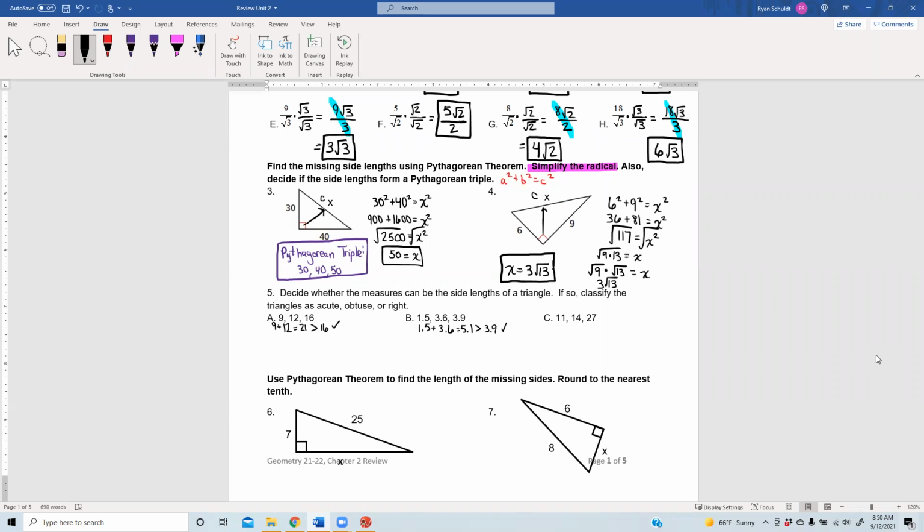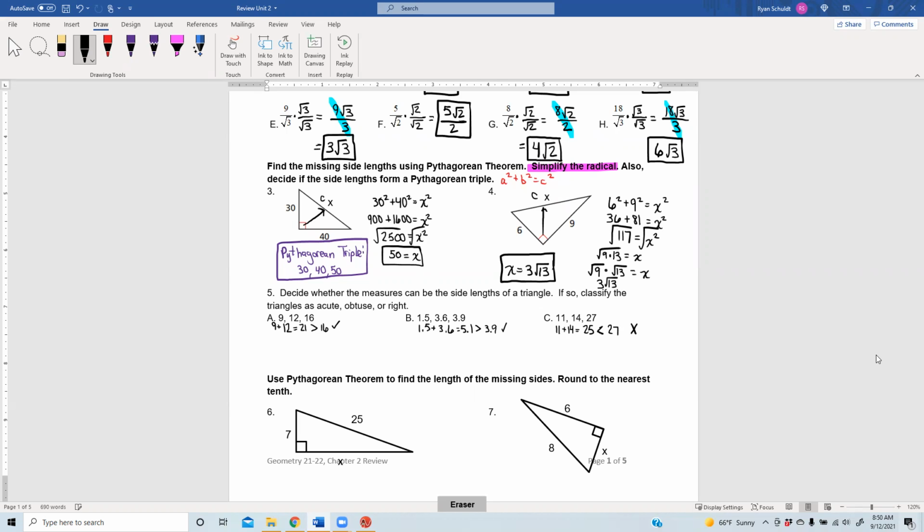Okay, so then let's look at C. Need to do 11 plus 14. Together, that gives me 25. Is that greater than 27?